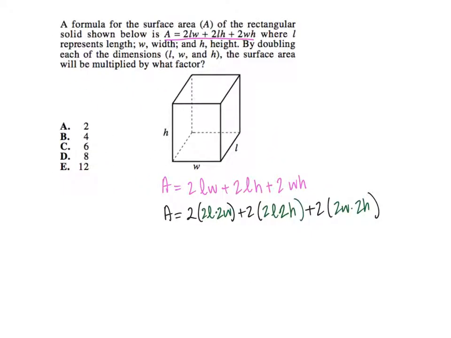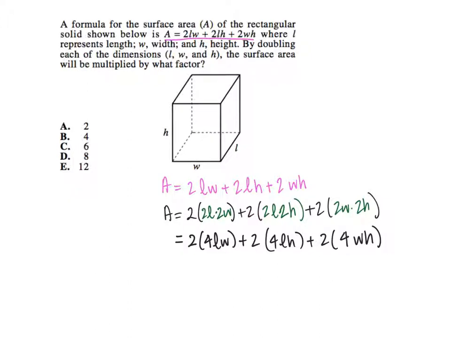So looking at this here and working this out, this just ends up being some basic algebra. The 2 being outside, there's a 2. And then if you multiply the inside here, 2 times 2 gives me 4. And then you have 4LW. And then same thing with this side. You would have 4LH. And 4WH.